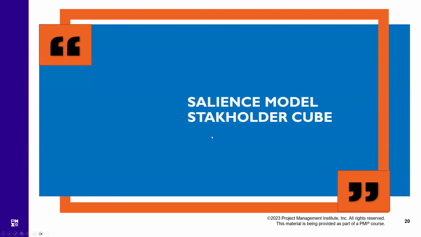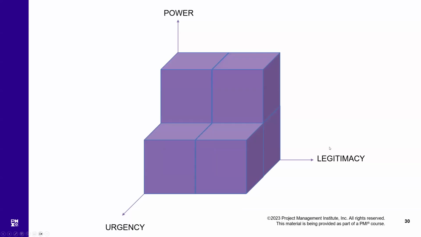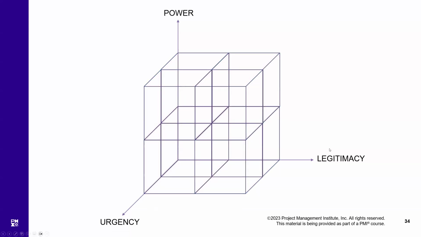So that's why. Anyways, so this is the salient stakeholder cube. The same thing which I just showed you on the salience diagram or the Venn diagram can also be shown like a cube, although this is the most accurate portrayal of the whole thing, and you can clearly see the 8 cubes within the big cube, and on one axis there is power, on one axis there is legitimacy, on one axis there is urgency.